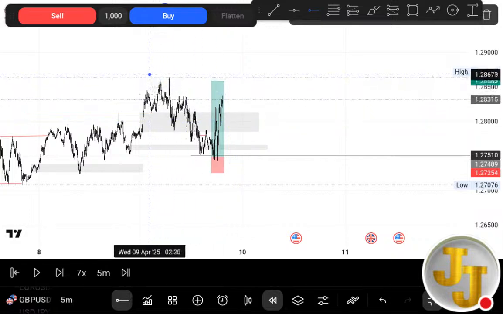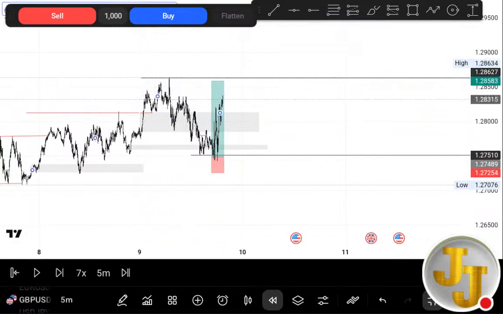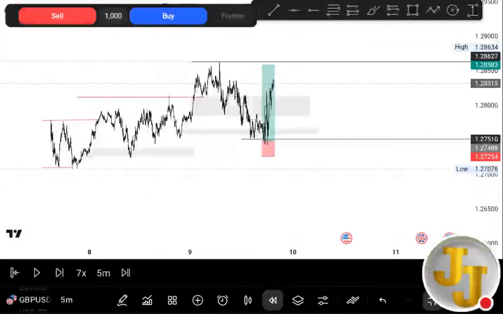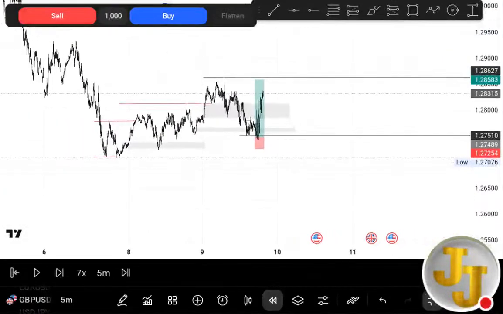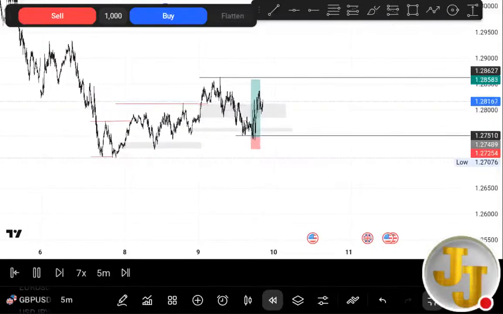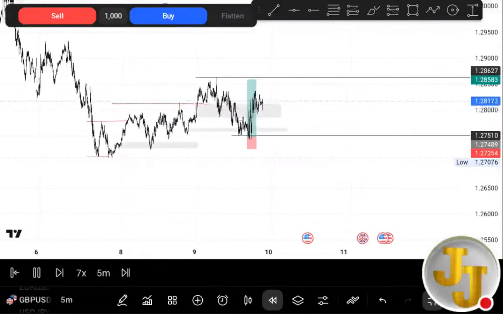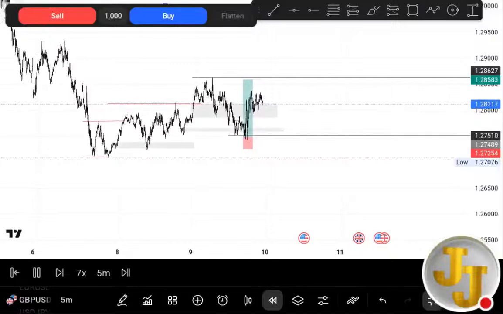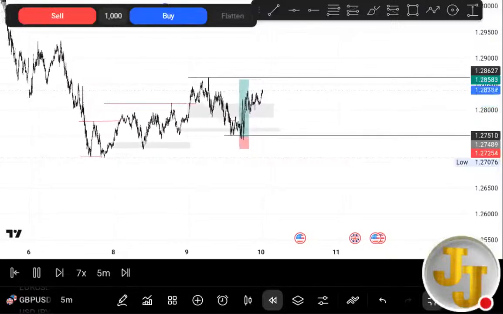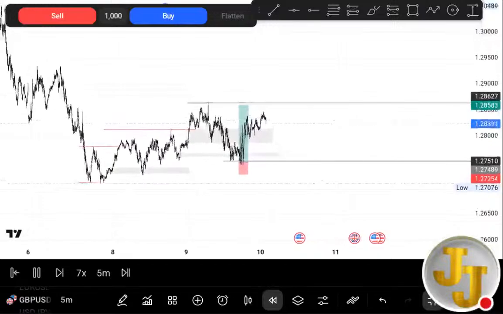So we either wait for the market to come and break that, and we look for another bullish setup. When it breaks it, we go back to our 1 hour time frame and we look for another entry.